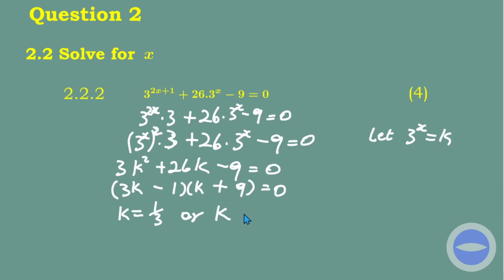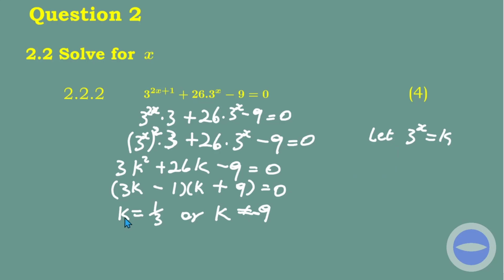So k cannot be negative. We can't say k equals negative 9. So we will work with this one, and we can't work with the other one. We will only work with this one, because it can't be negative. We can't have a negative exponent, so it will cause havoc. It's very serious havoc.